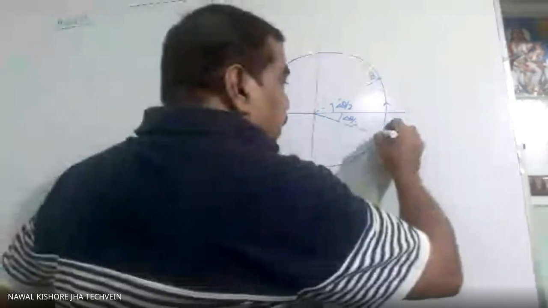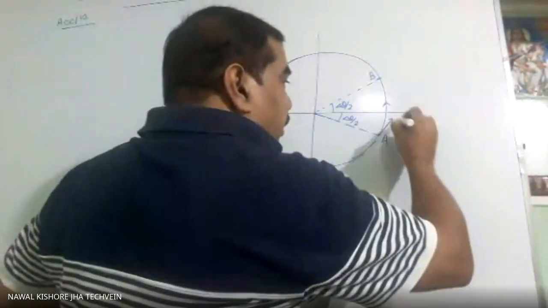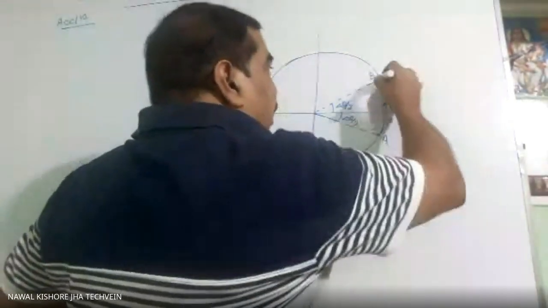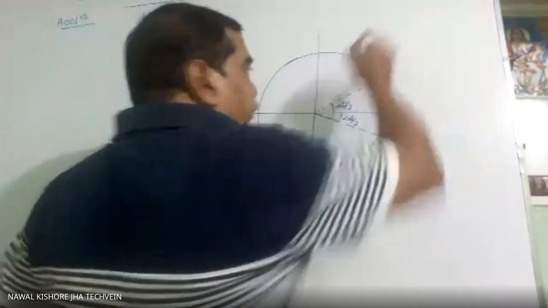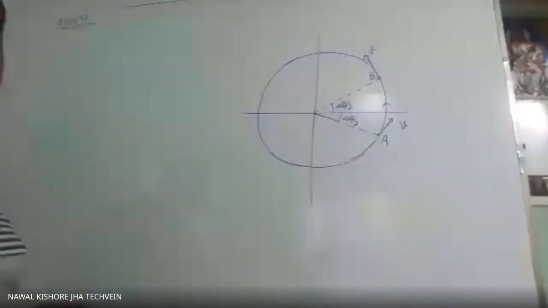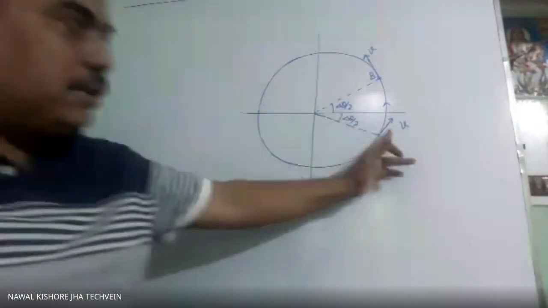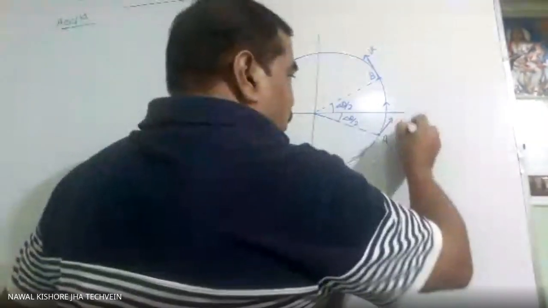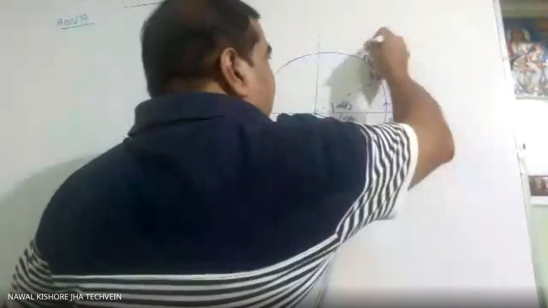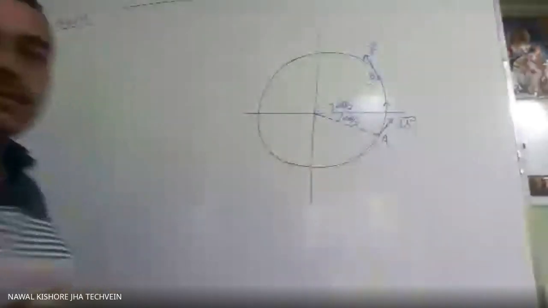Now at this place, velocity is in this direction, and here the velocity is along the tangent. So this is our initial velocity. Magnitude is the same, direction is different. Suppose this is u and this is v, initial velocity and final velocity.